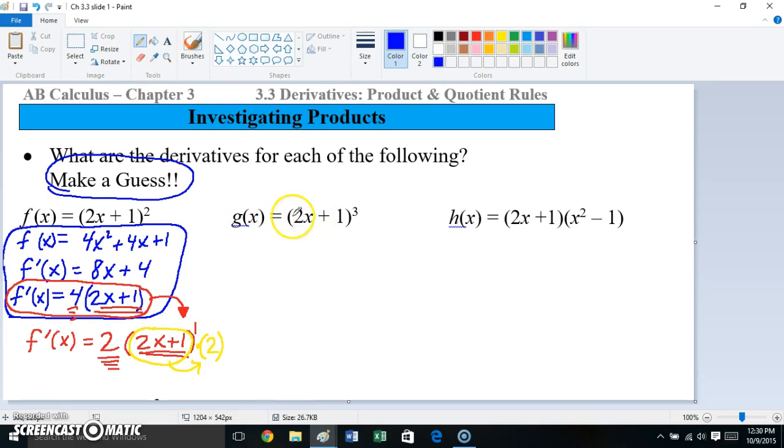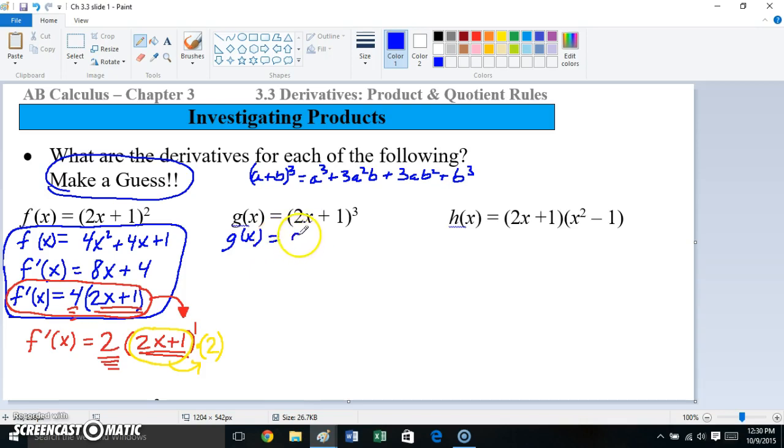So I'm going to expand (2x + 1) cubed, and if you recall, (a + b) cubed is a cubed plus 3a squared b plus 3ab squared plus b cubed. We'll use that binomial expansion to write g of x in expanded form.